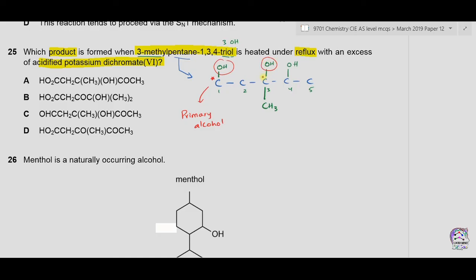Second alcohol is the one in which OH is attached with this carbon, and this carbon is further attached with 3 other carbon atoms directly. So this is tertiary alcohol. The third alcohol is attached with this carbon, which is directly attached with 2 other carbon atoms, so it is secondary alcohol group.